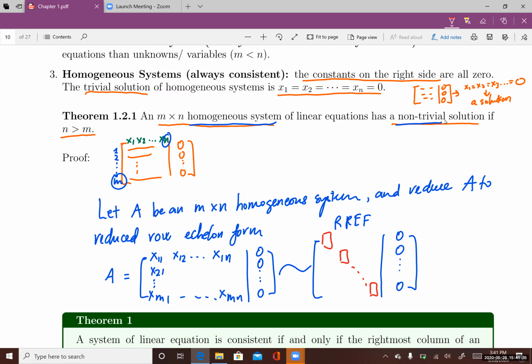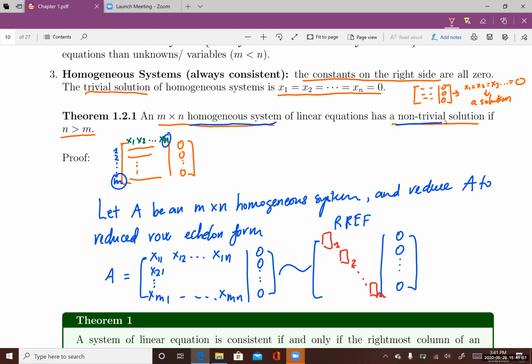You have m rows, so that means you have at least m pivot positions, right? So pivot position number 1, number 2, and to number m, because you have m rows.